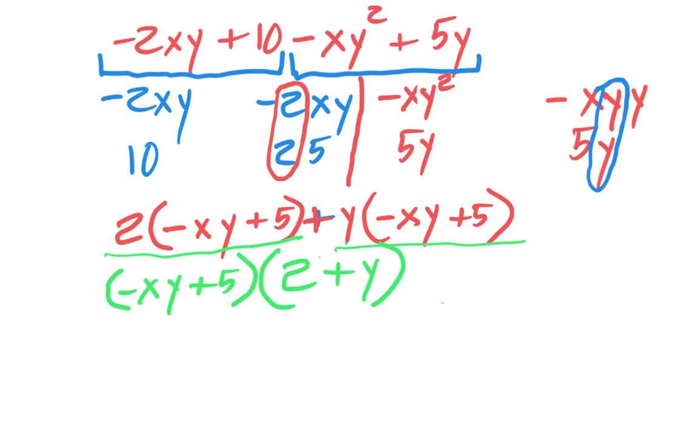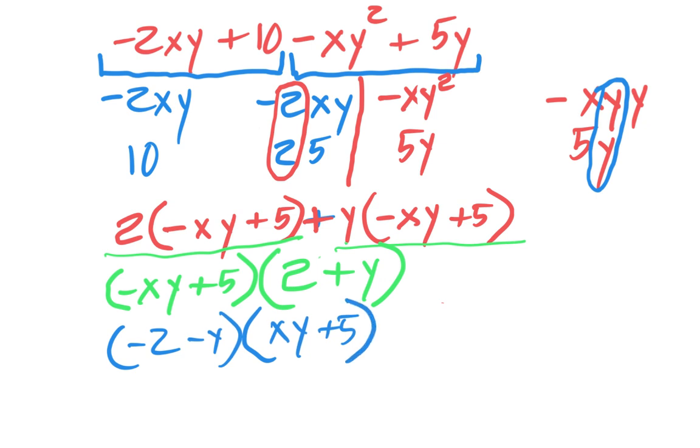All right, let's see if we can find that on the other page. So come back, negative xy plus 5. So their answer choice was negative 2 minus y and xy plus 5. Okay, now both of these answers are correct.